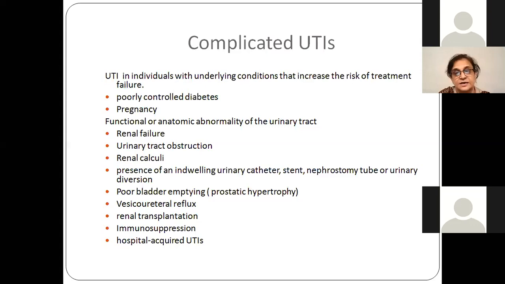Vesico-urethral reflux is mostly present in young children, and because of this reflux, urine refluxes via the ureter upwards towards the kidneys, and that can be recurrent. It can lead to recurrent UTIs and then pyelonephritis also.